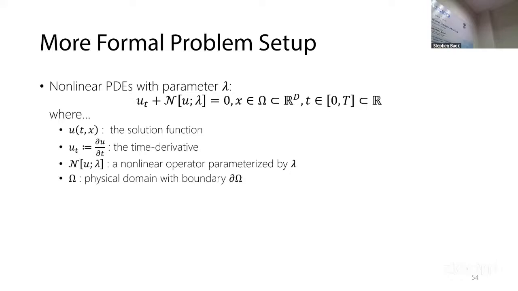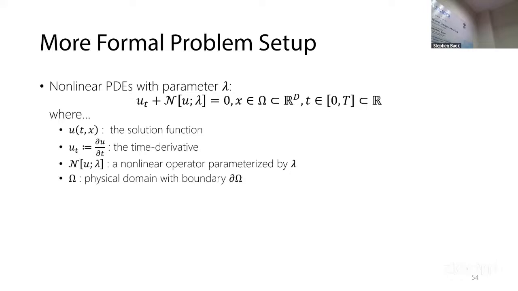Or if you're considering finite element analysis of some structural component, then Omega is the 3D volume defined by a CAD model. And of course, that Omega is embedded in R^D, the D-dimensional Euclidean space. A lot of times we consider 3D or 2D, so D is either 2 or 3. We'll see a one-dimensional heat equation soon, so in that case D equals 1.